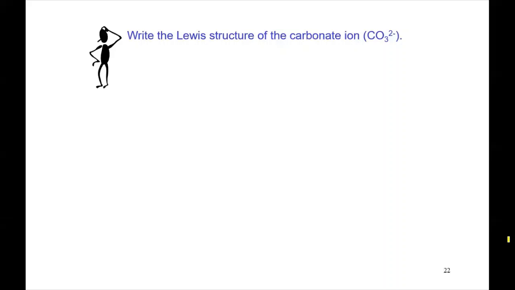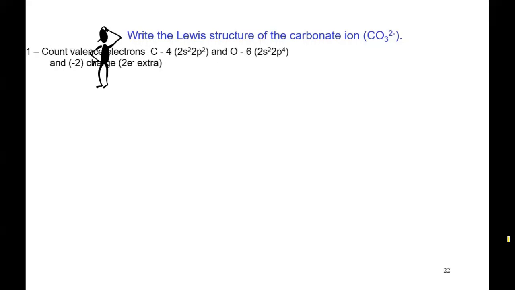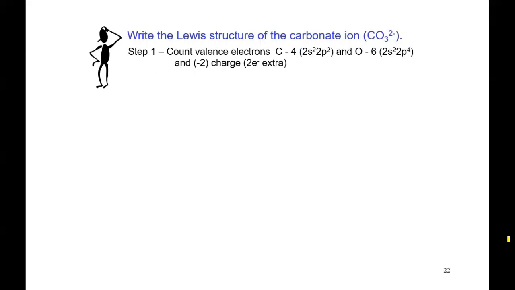Okay, let's try another one. Let's write the Lewis structure of the carbonate ion. I threw you a curveball here, right? I put you with a polyatomic ion. So be very careful, because in this particular case, when we count the valence electrons, carbon has 4, oxygen, group 6A, has 6, but there's a -2 charge, which means there are 2 extra electrons that I have to add in here.